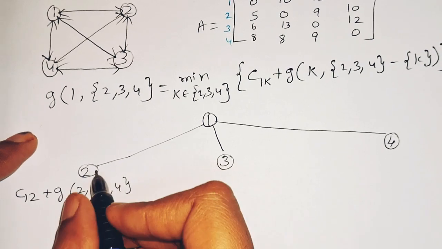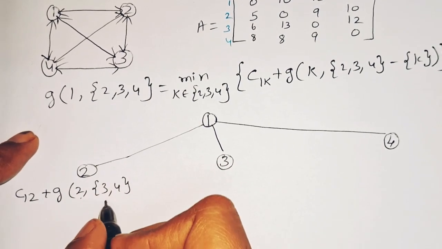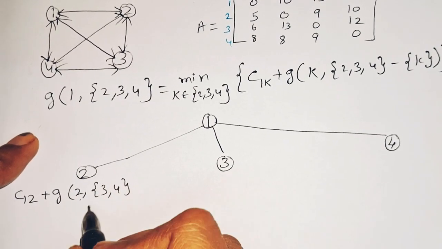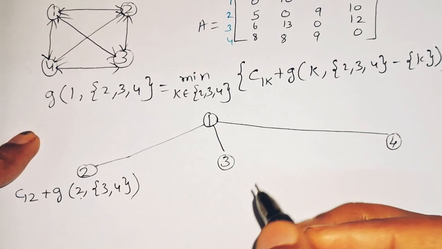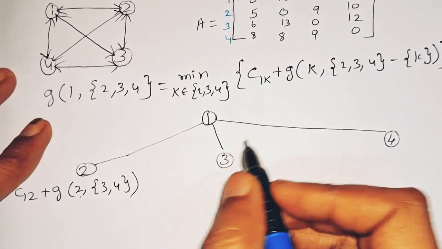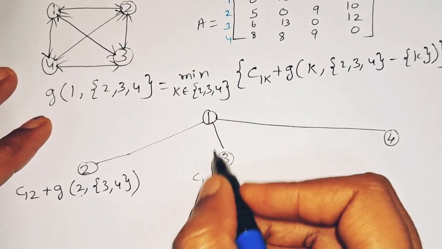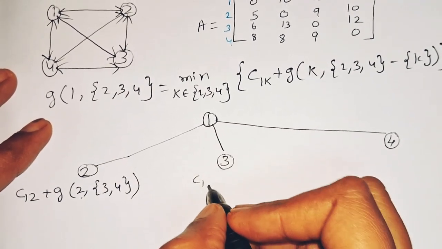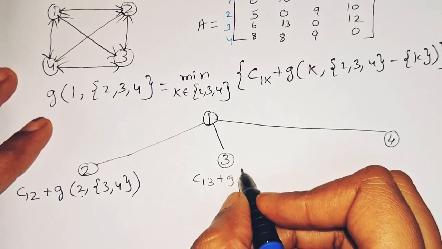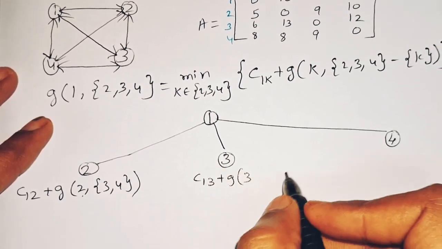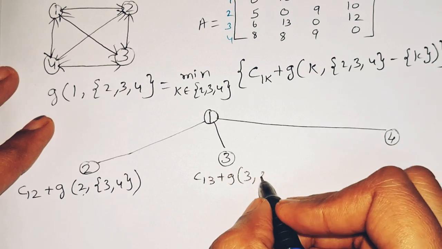That means we have already visited 2 and we need to visit 3 and 4. We can visit either 3 or 4 from 2. Similarly, we have already traveled from 1 to 3, and we need to travel from 3 to the remaining nodes. So g of 3 comma, what are the remaining nodes here? {2, 4}.